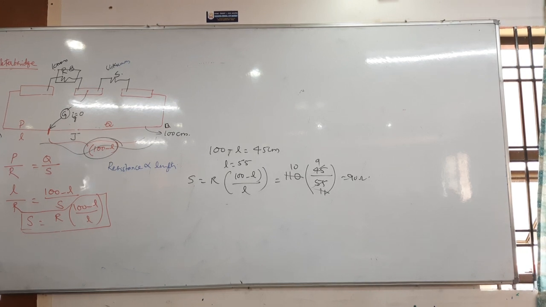Next problem. In the given diagram, meaning whatever diagram we have drawn, R is to S is 1:4. And the distance of the null point from A is L1.